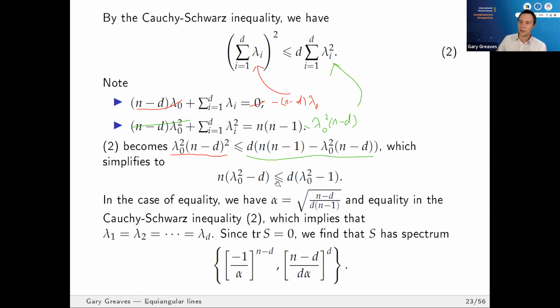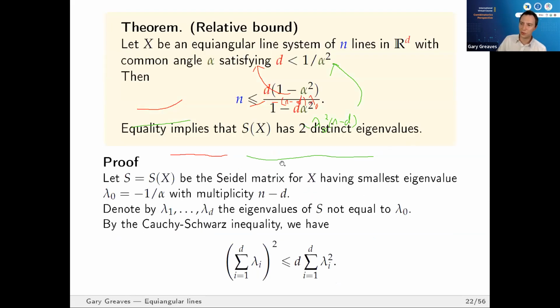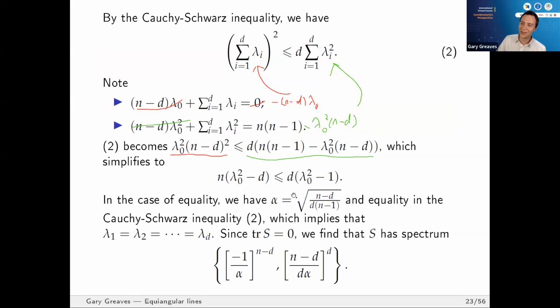And this could be rearranged to the relative bound on the previous slide. And the last thing to do is worry about equality. So in the case of equality, we'll have equality in the Cauchy-Schwarz inequality. And so this is a consequence, again, of the Cauchy-Schwarz inequality.